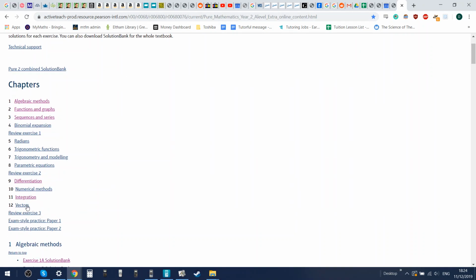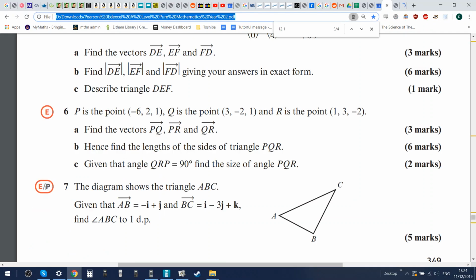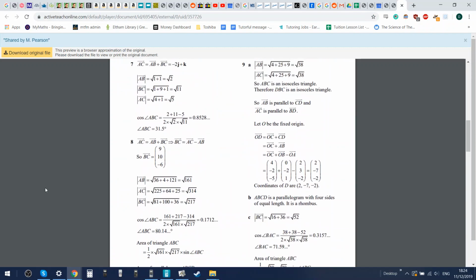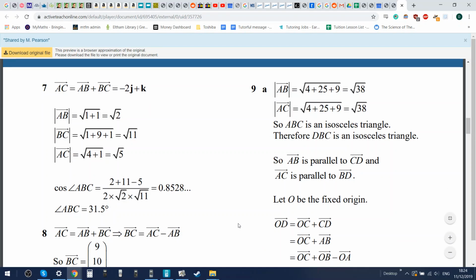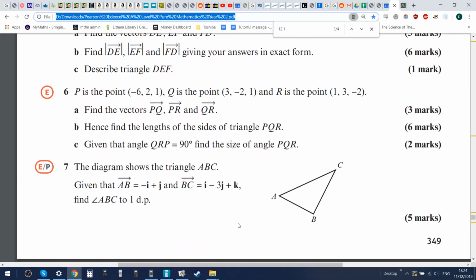Okay, vectors. This is mixed, and it's question 7. Okay, so let's see how they went about this. So 7, A to B is that, B to C is that.